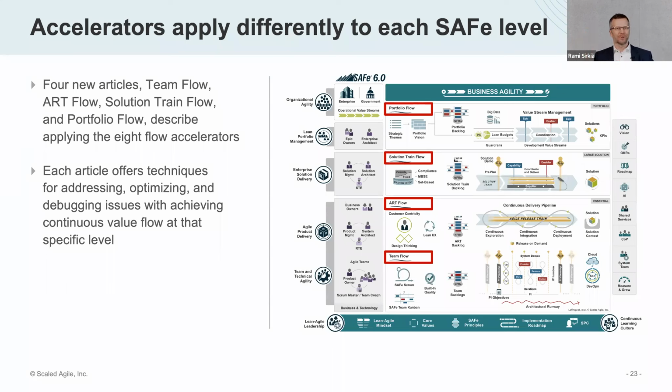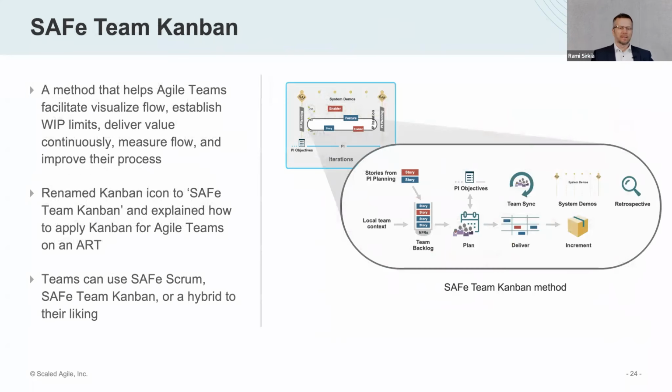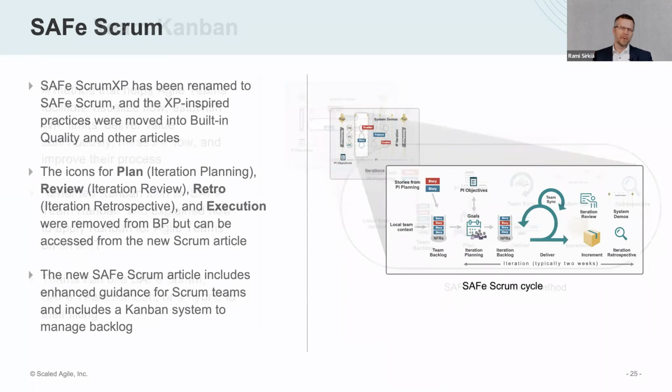So yes, we would like to improve the flow at all of the levels, but it takes a bit different approach. Then we have SAFe Team Kanban and SAFe Scrum. There's some terminology change here, but mainly there's an upgraded guidance article helping you to better articulate what it means and what you would need to do.